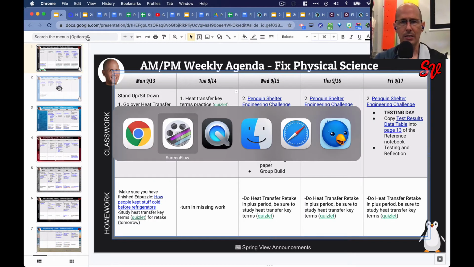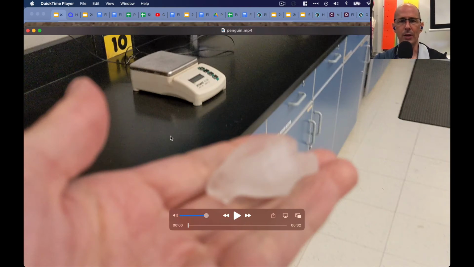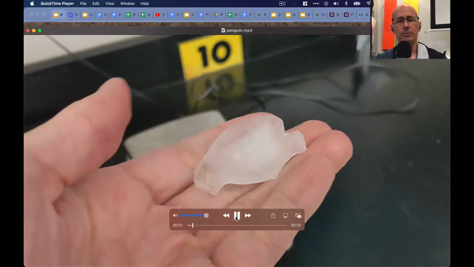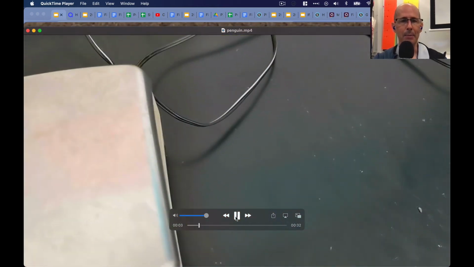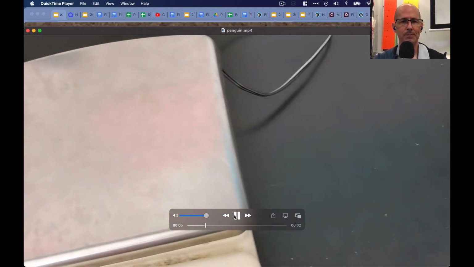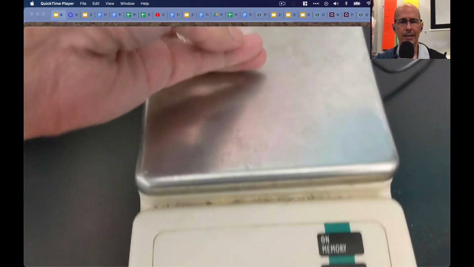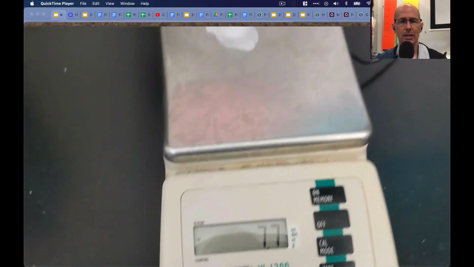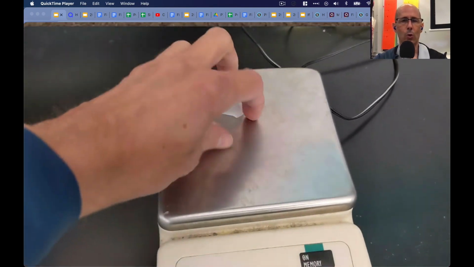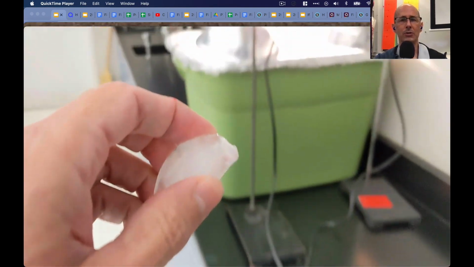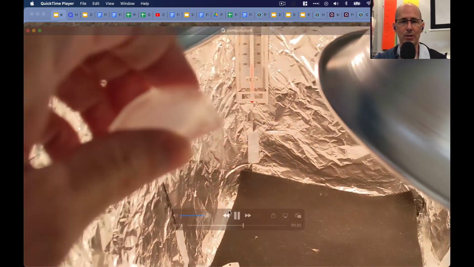Here's a little run through on the testing. I gave them their ice cube penguin, and they measured the mass of their penguin using the balance. We recorded their mass, and then we put the penguin into their shelter, and the shelter was placed in here.